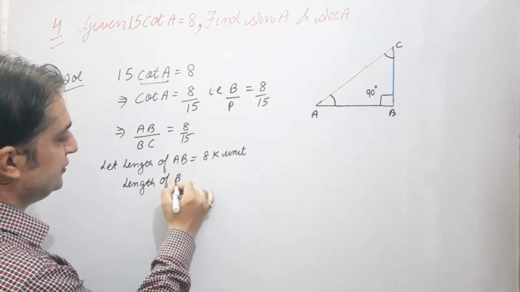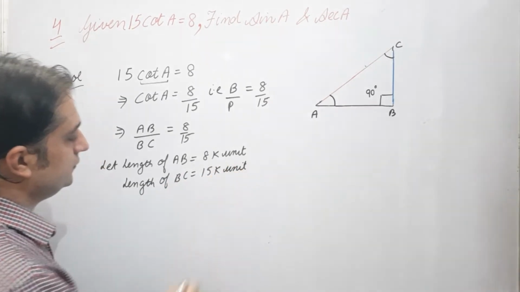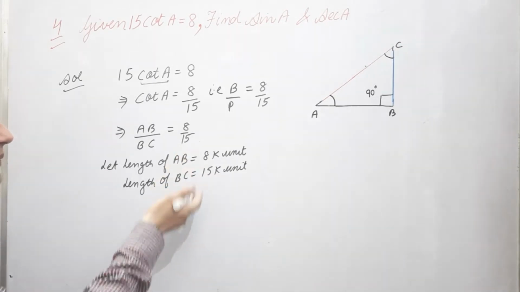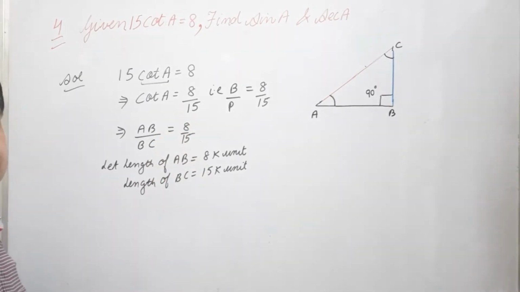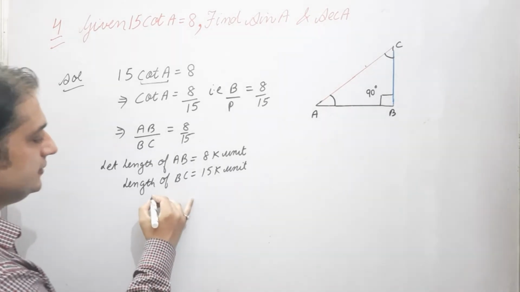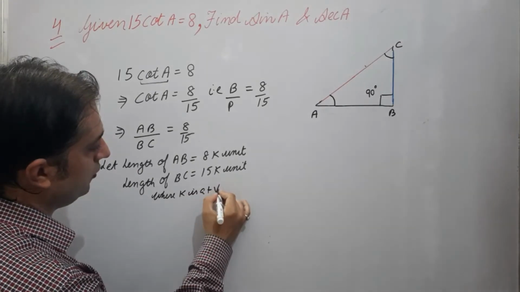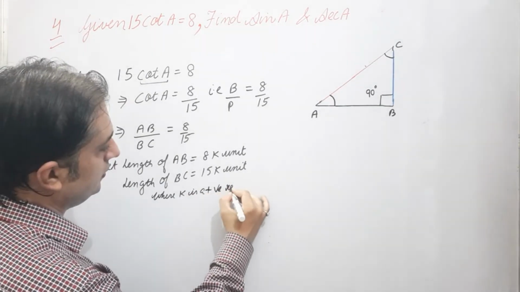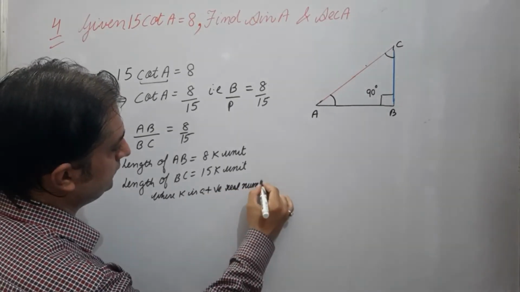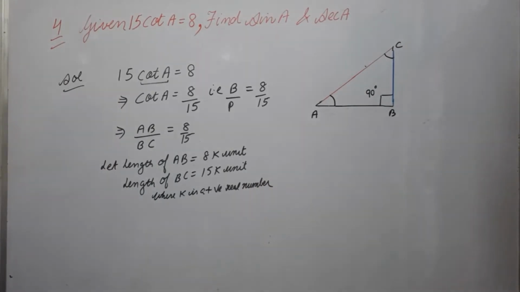Length of BC is 15k unit. If we take the ratio of AB upon BC, you again get 8 by 15. So k is a positive real number.